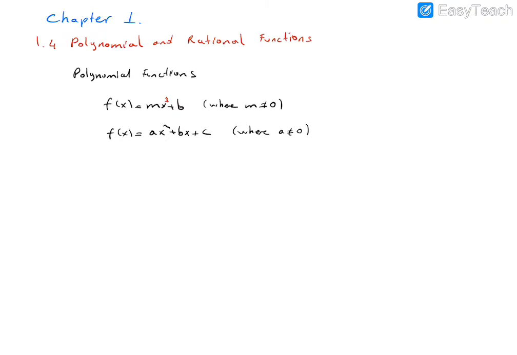A polynomial function is a function that can be written in the following form: a sub n x to the power n plus a sub n minus 1 x to the power n minus 1 plus and so on, plus a1x plus a0, for some integer n.